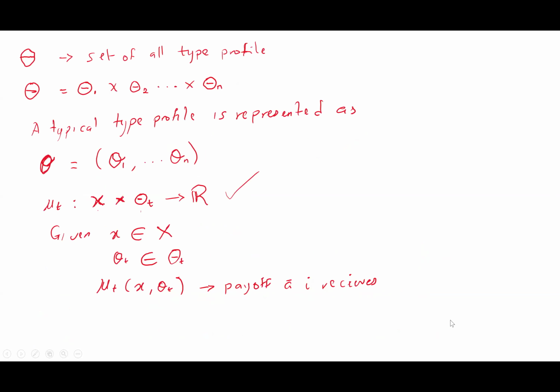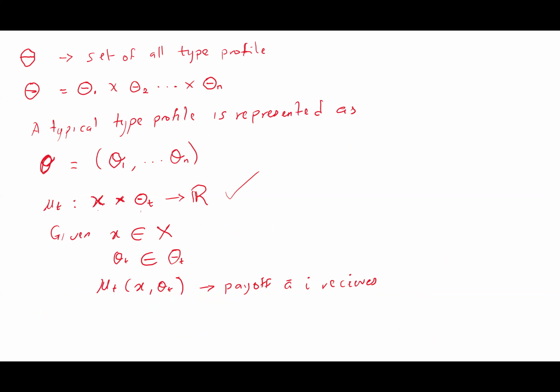And this big theta here, which is the same as the one prior to this, gives us the set of all types of profile, all types of preferences that a person has. So we have that for 1, for 2, for 3, for 4, and so on.